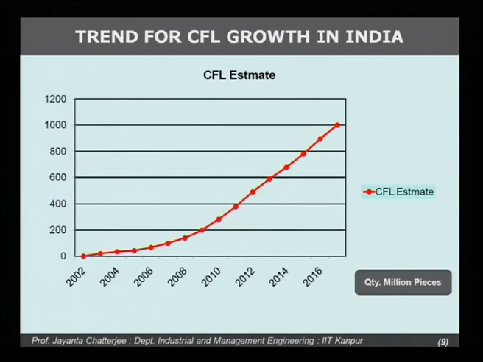In 2012, we are looking at about 400 million pieces, and in 2016, because of the regulatory incentives, because of all the marketing strategies that brilliant people like you would be developing, we expect that 400 will grow to 1000 million, that means say a billion pieces by 2016, over the next 4 years.